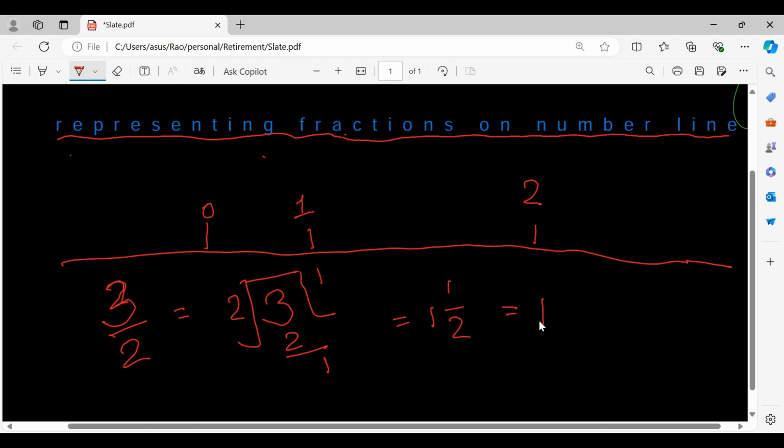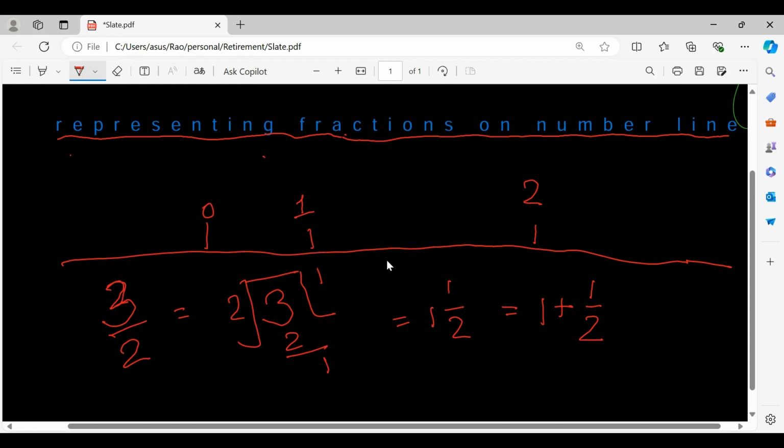We don't have a problem in representing the integer. It is 1 here, and only the second part is the fractional part, and that has to be represented on the number line. There we have to take care.